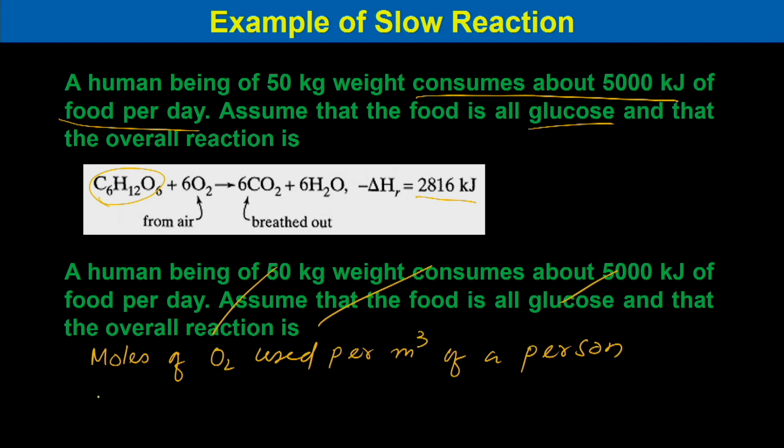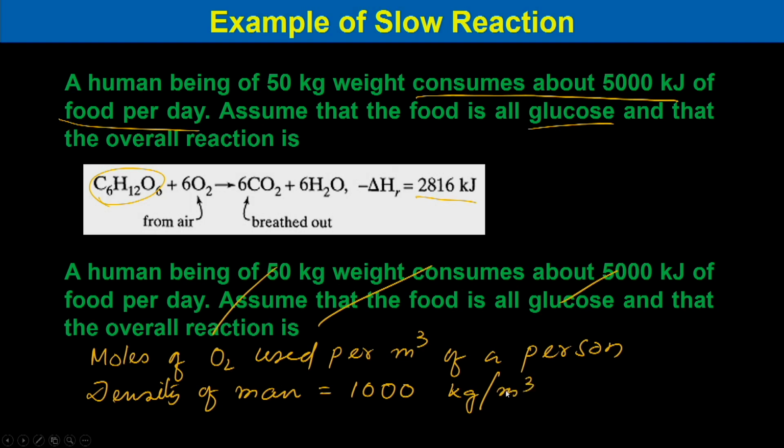Given the density of man is equal to 1000 kg per meter cube. So, we need to calculate moles of oxygen used per meter cube of a person having density 1000 kg per meter cube.